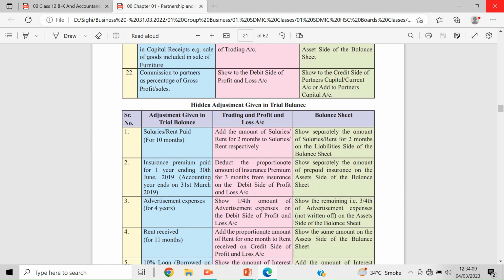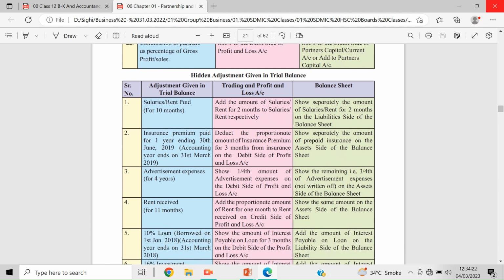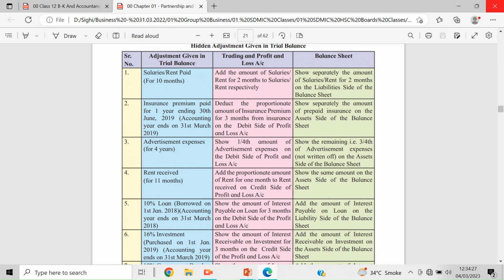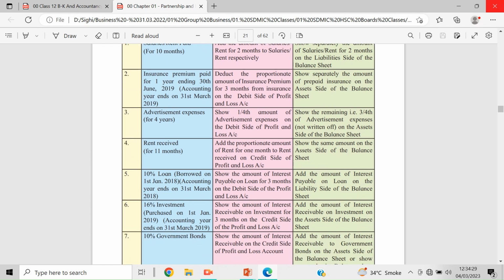But these hidden adjustments, such as salary paid for 10 months, rent paid for 11 months, are already explained. Insurance premium paid in advance means prepaid insurance. Advertisement is a deferred expenditure. Then interest received for 11 months is already explained, and the 10% loan was also explained in the last class.